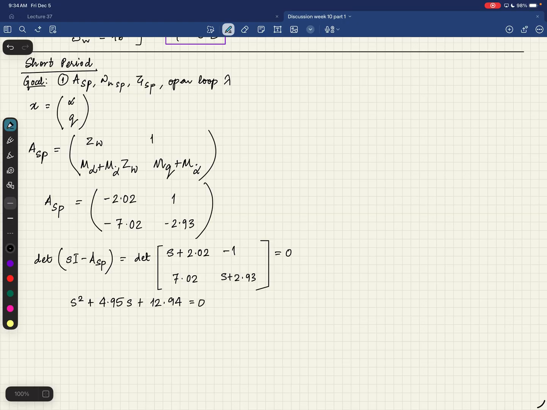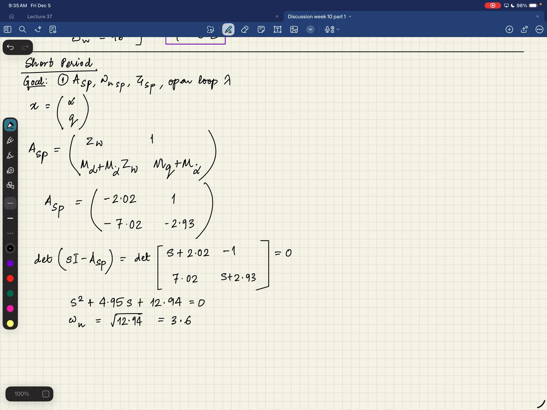Don't get excited and do the calculations properly, because a lot of you make mistakes. I don't know why. Omega n is going to be the square root of 12.94, which is approximately 3.6.